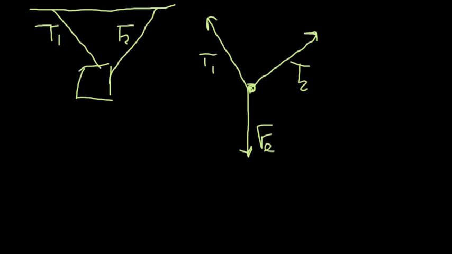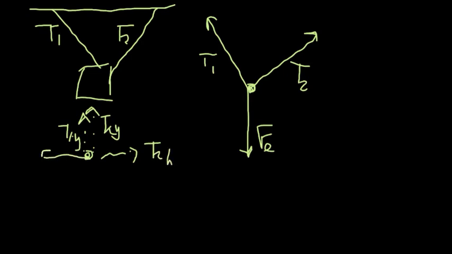Another thing with free body diagrams is that on the AP exam, never draw a free body diagram with your components. For example, let's say I did this and I did T2 sub y, and then maybe I did a T1 sub y because they're both acting upwards, and then I did a T2 in the horizontal direction, and then I did a T1 in the horizontal direction, and then I drew my force of gravity, or the force of the Earth.